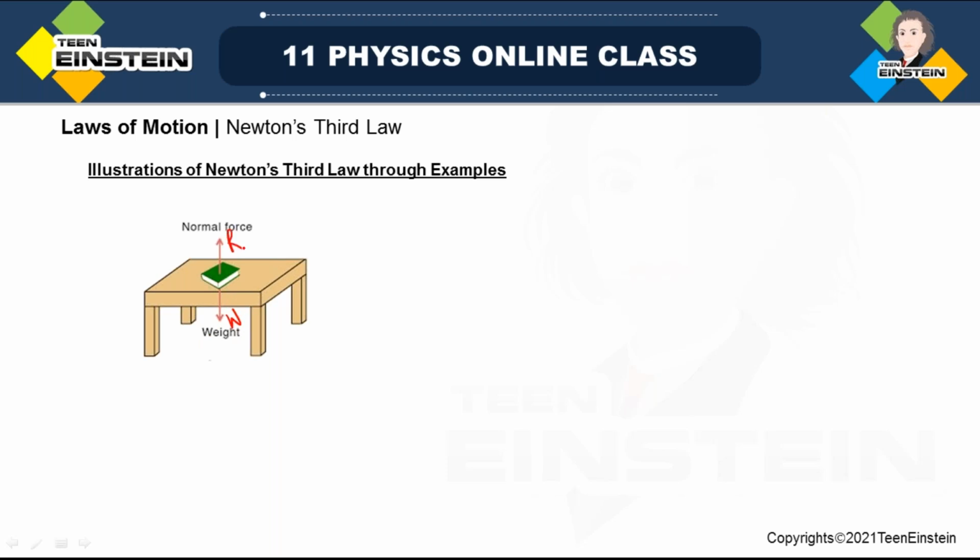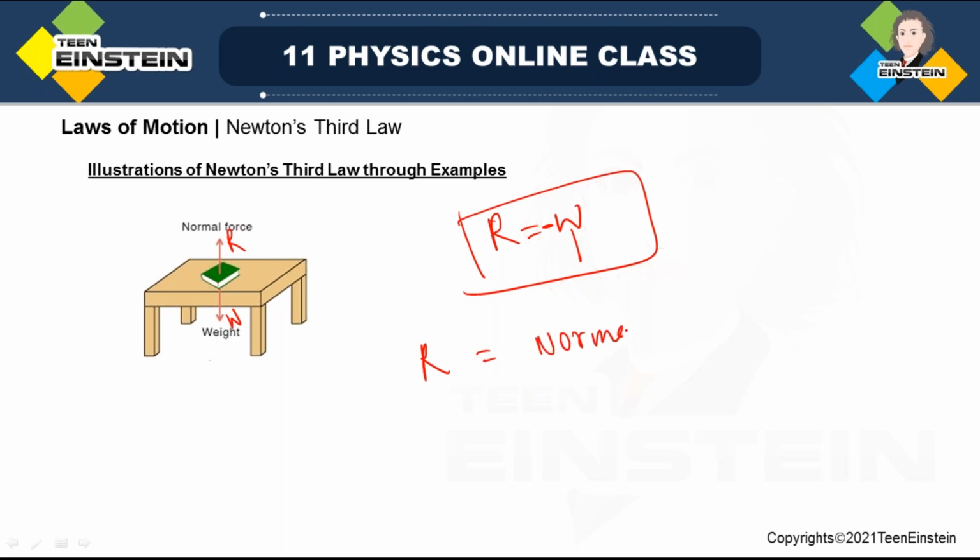The same amount of force will be given by the table to the book, and this is equal and opposite. So weight is acting downward, and R is called the normal force. Normal force here is the reaction.